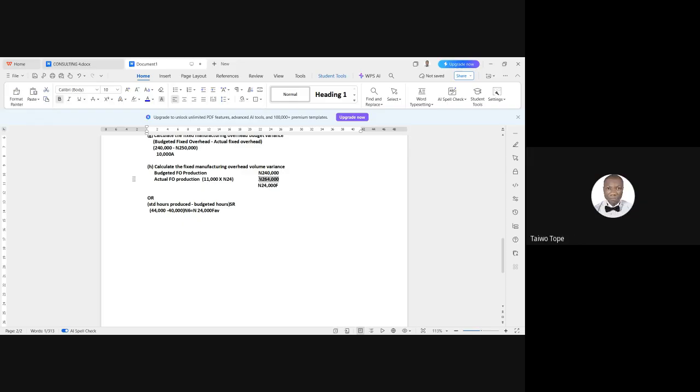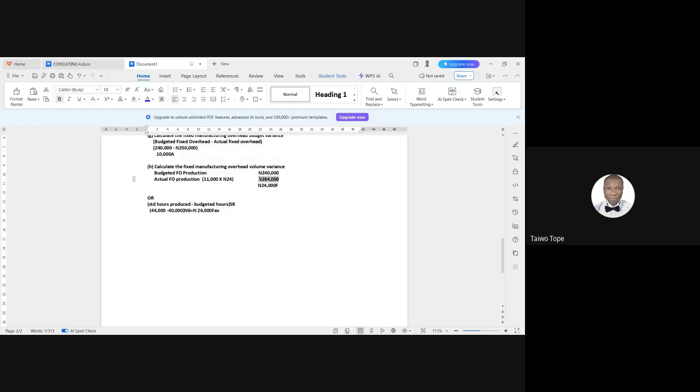One thing with this fixed overhead, I want us to practice more questions so that you see how some questions can come up with diverse ways to determine the fixed overhead. But the central thing you need to know is your formula: budgeted fixed overhead divided by budgeted activity level, or budgeted fixed overhead divided by budgeted direct labor hours. Once you know this formula, you'll be able to play along with the question as expected.